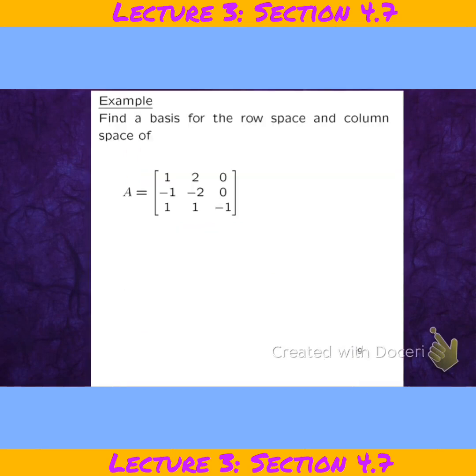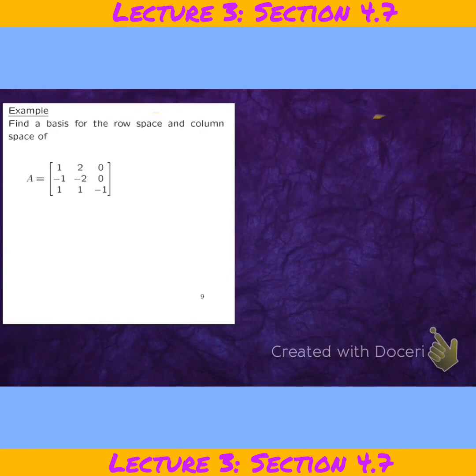All right, so find a basis for the row space and the column space of the matrix A. Okay, so there's the matrix A, and we're going to find a basis for the row space by row reduction.